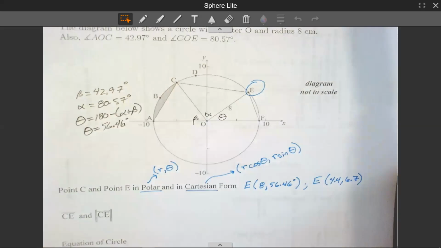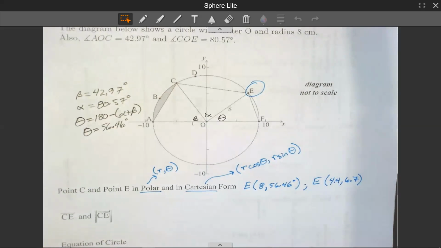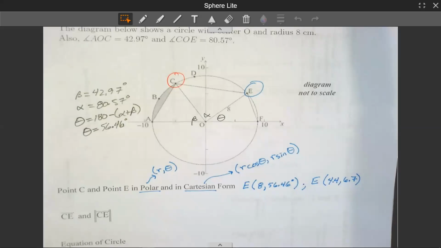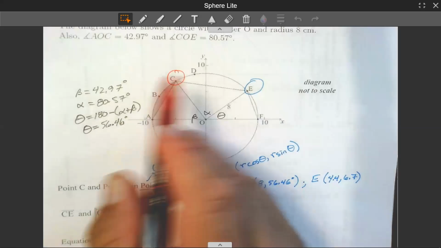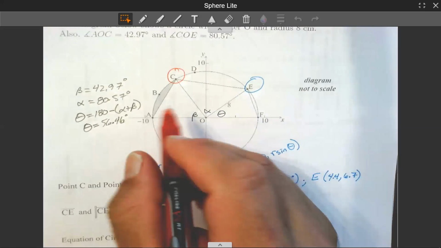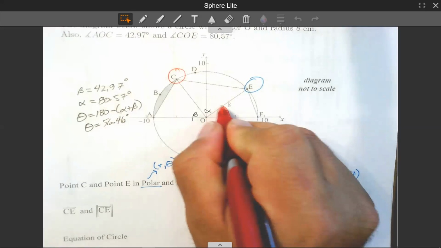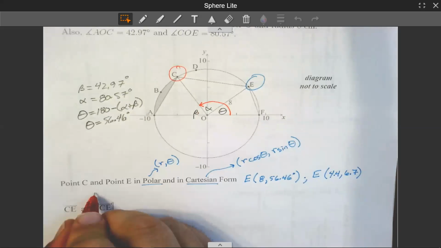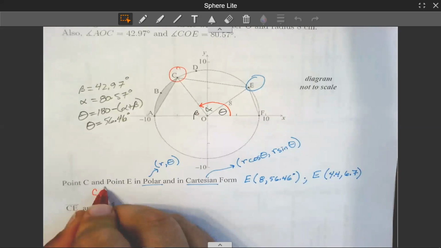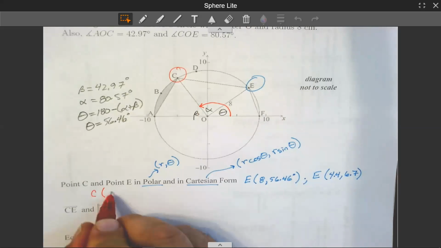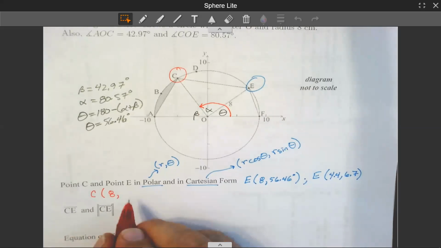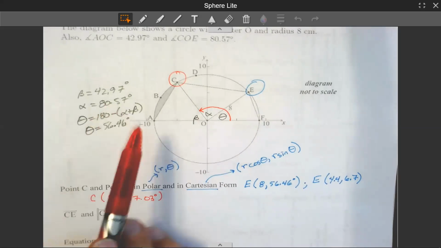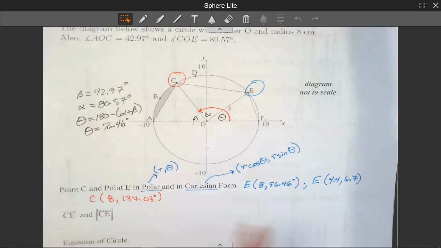Okay. So pretty straightforward. If I was going to do that for point C, I would need to know the angle for point C. And the angle for point C would be this angle all the way over here, which would be alpha plus beta. So for point C, I would have 8 comma 137.03 degrees, because alpha plus beta is going to give that.